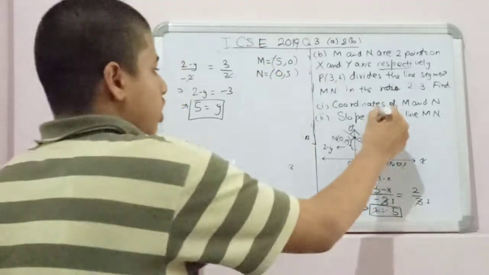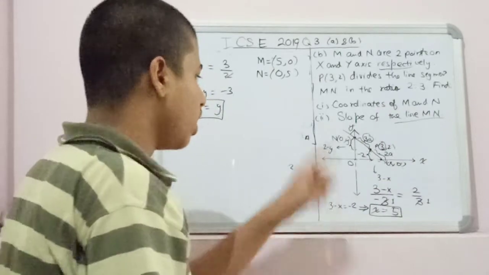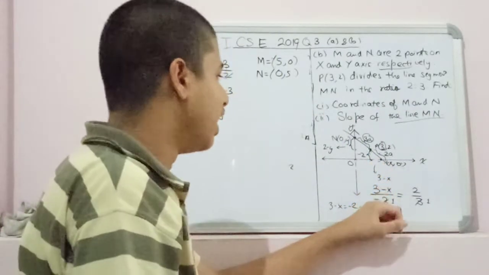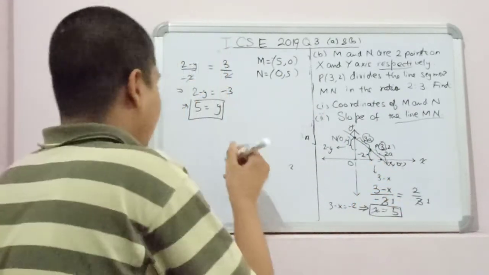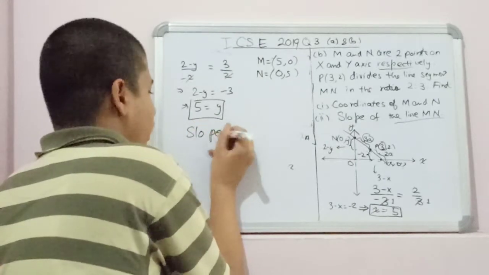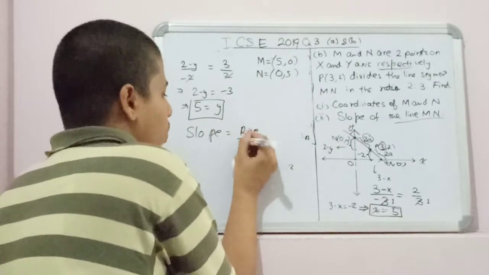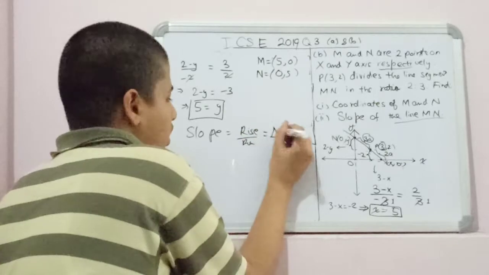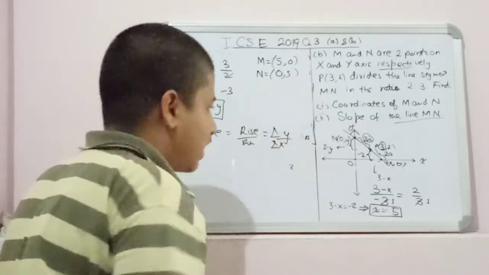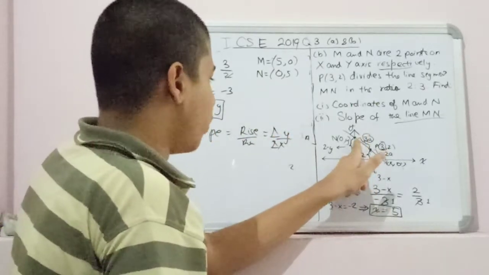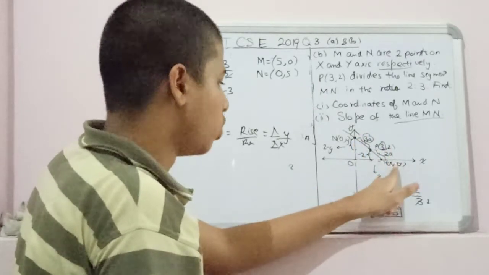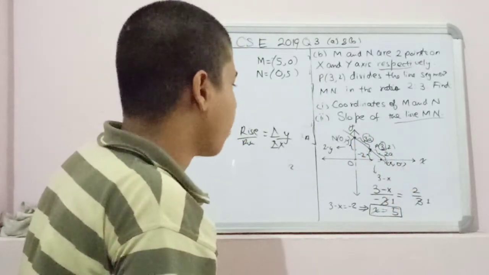Now we need the slope of the line MN. The slope of the line MN is defined as rise over run, the change in y over the change in x. When you go from N to M, what is the change in y?